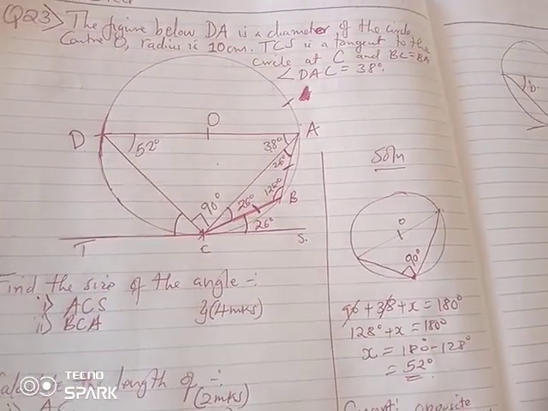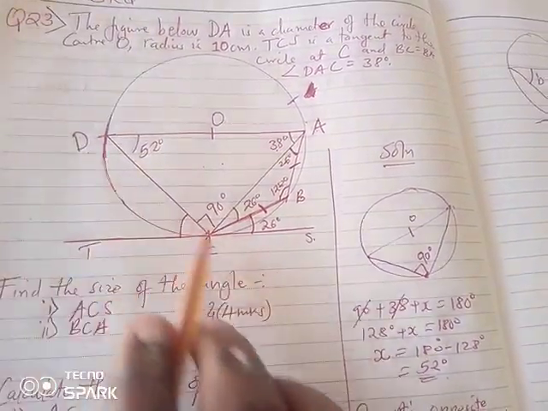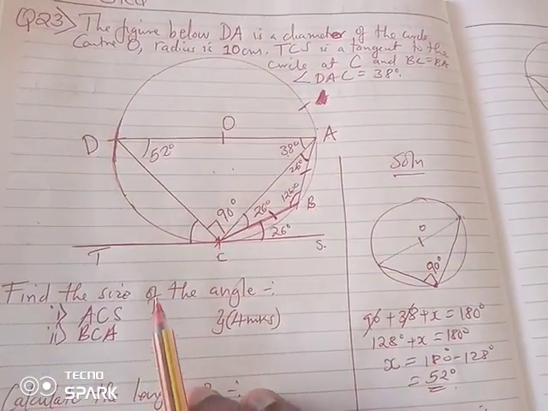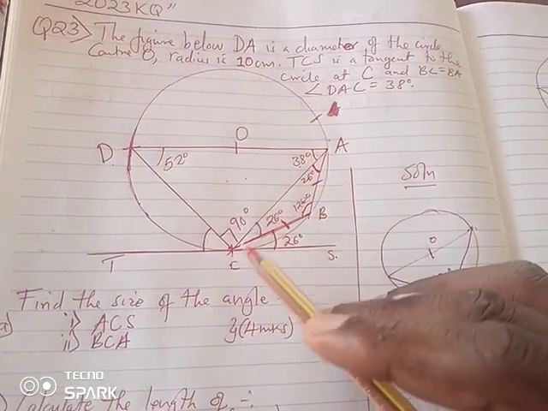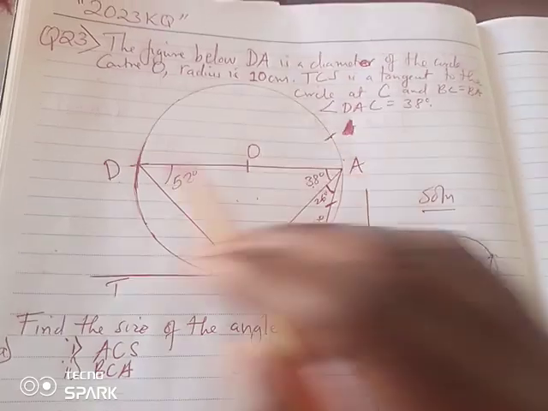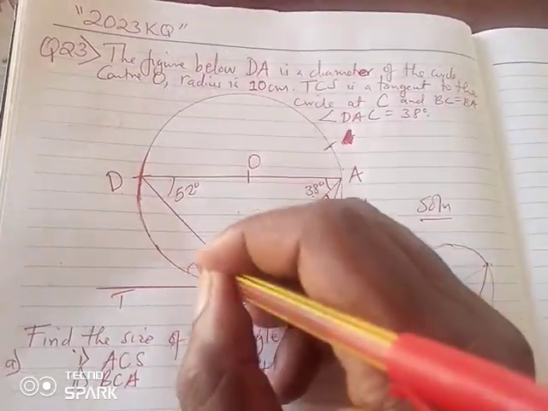And the same thing is seen here with angle DCT being in alternate segments with that of CAO or CAD, which is 38 degrees.